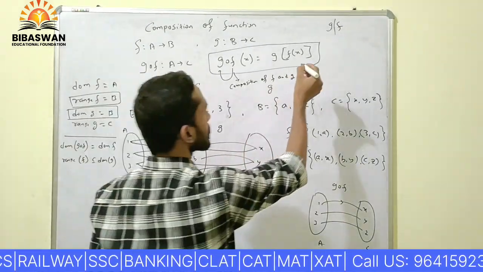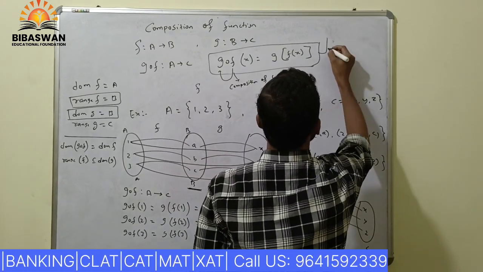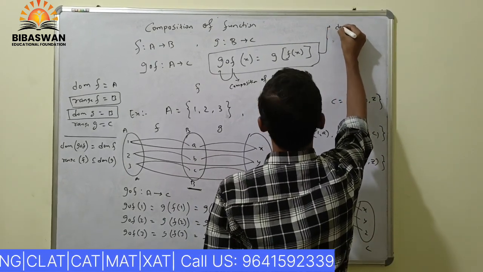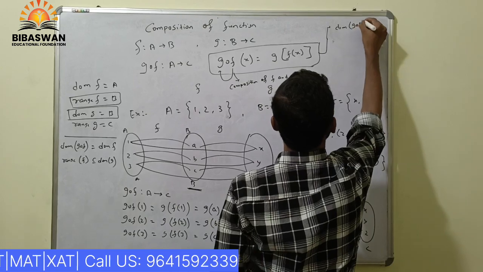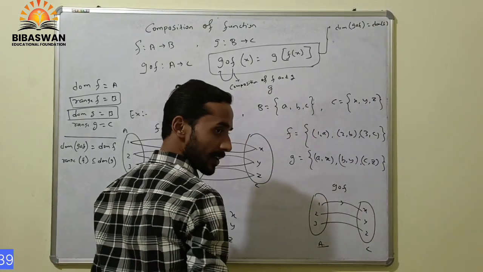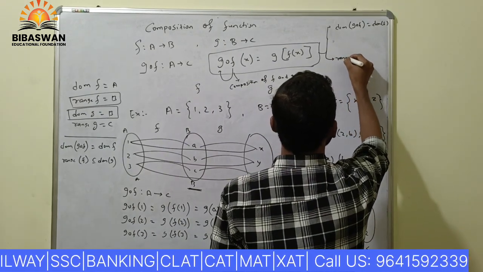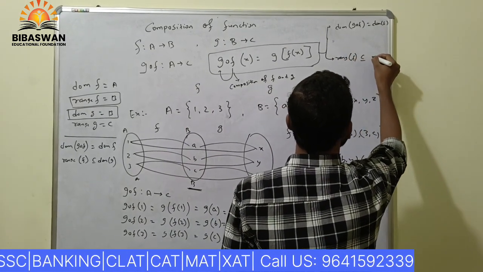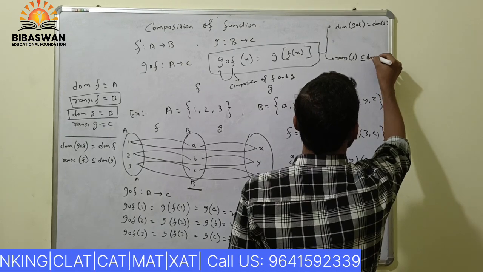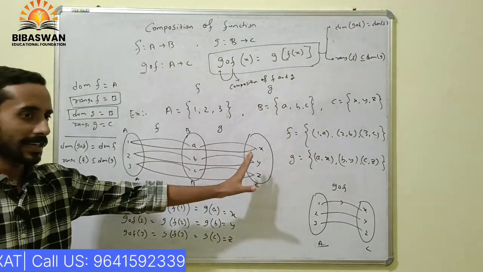So there are two notes. What are the two notes? Domain of G of F is equal to domain of F, and range of F should be a subset of domain of G. Understood? This is nothing but a very simple explanation of that.